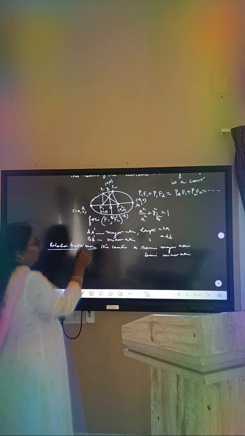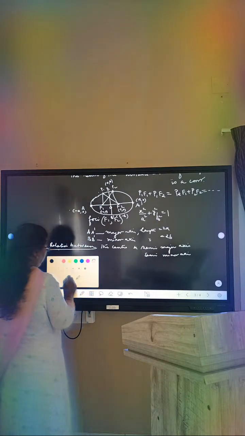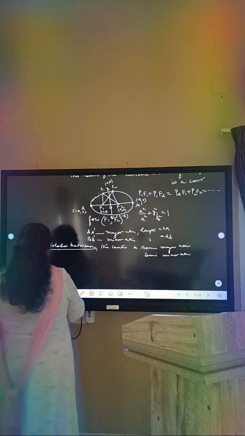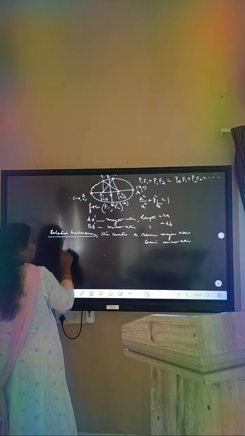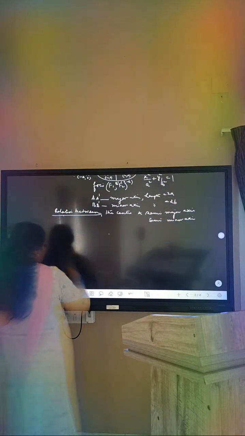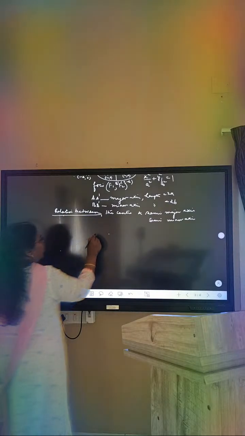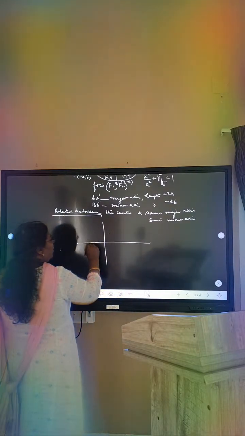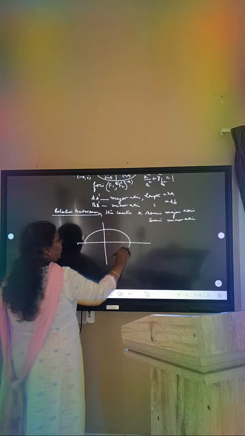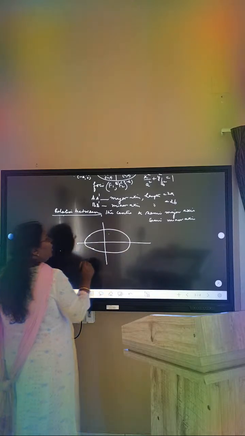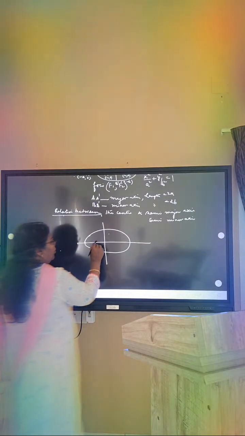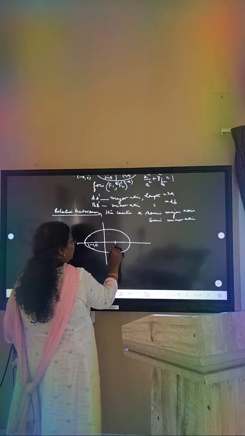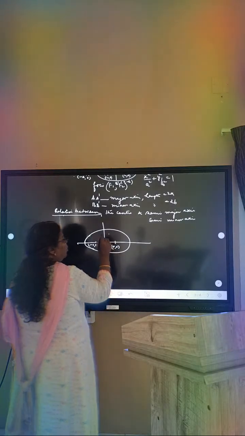To find the relation, you consider the ellipse. You have minus c comma 0 and c comma 0.